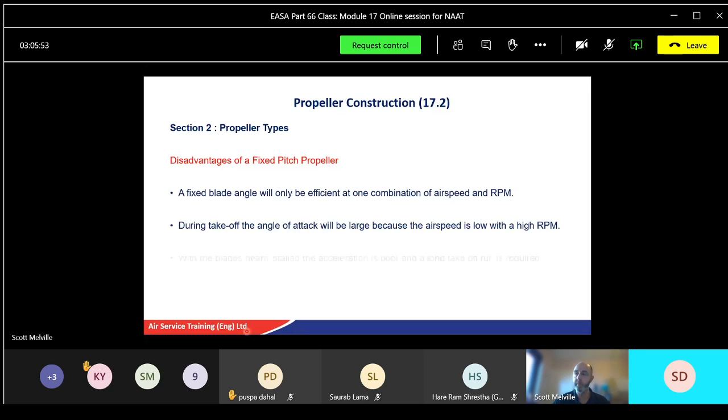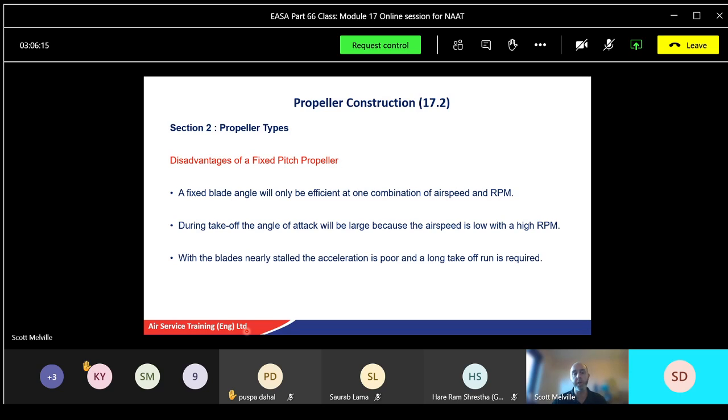Hence why when we use movable propellers, we can put a low angle of attack to get the torque up quicker. So a high angle of attack fixed pitch propeller will generally take longer to take off than a variable propeller until it catches the forward speed. With the blades nearly stalled, acceleration is poor and a longer takeoff run is required.